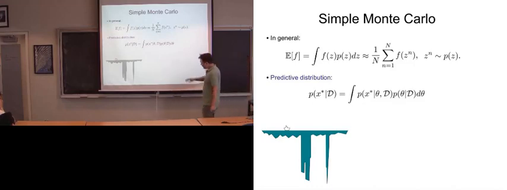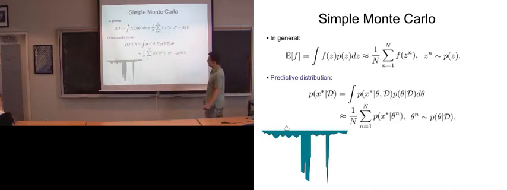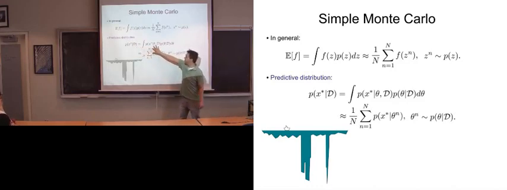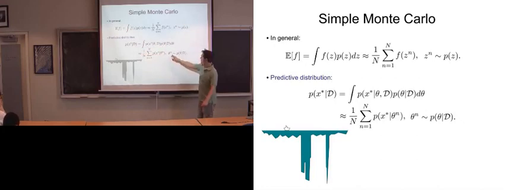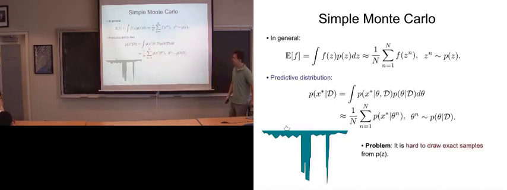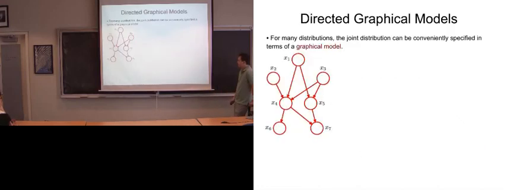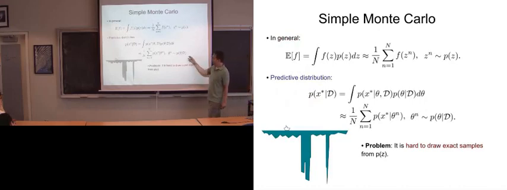But let's look at the predictive distribution, right? In a lot of cases, when you look at your predictive distribution, you have a likelihood, you have a posterior. So you might say you can approximate this integral by using Monte Carlo approximation. Right? These samples are drawn from the posterior. So that's a Monte Carlo approximation.